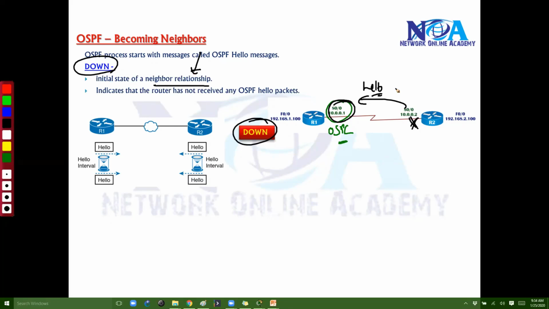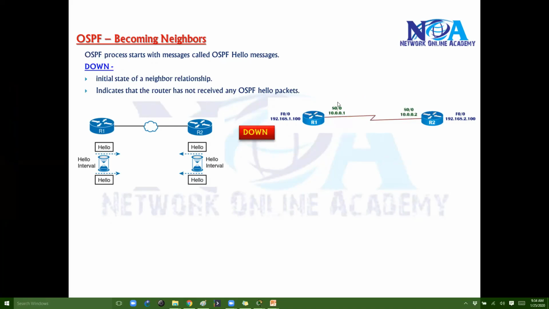Maybe OSPF is not configured, or maybe there is some problem with the link. Or sometimes the neighborship was established and the link has gone down, then in that scenario also the neighborship will be in the down state. So the down state is an initial process where the routers are like strangers. They don't know anything about each other, or maybe they have not received any hello packets from the other side.